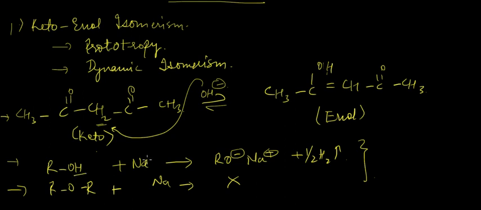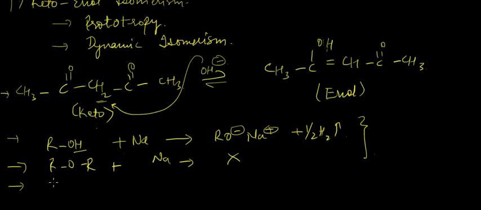Similarly, we can also have ROH reacted with OH minus, let's have NaOH. Even if OH minus is there, you can fill up the O minus with the cation released from this OH minus.